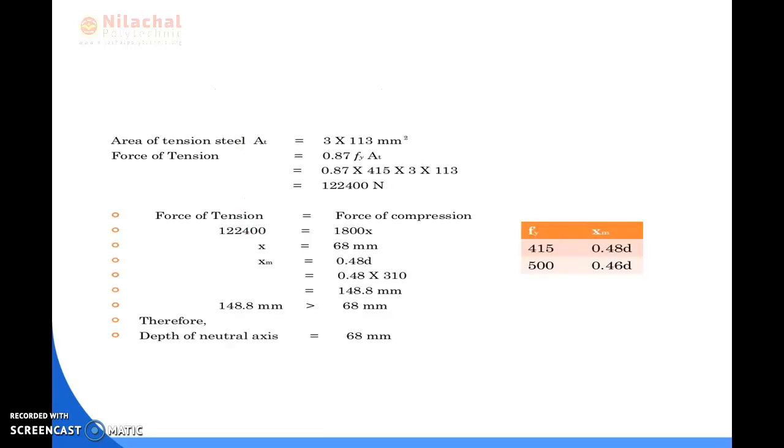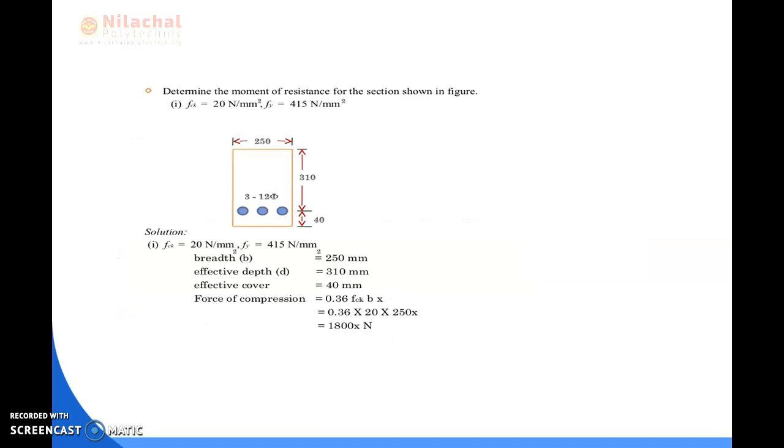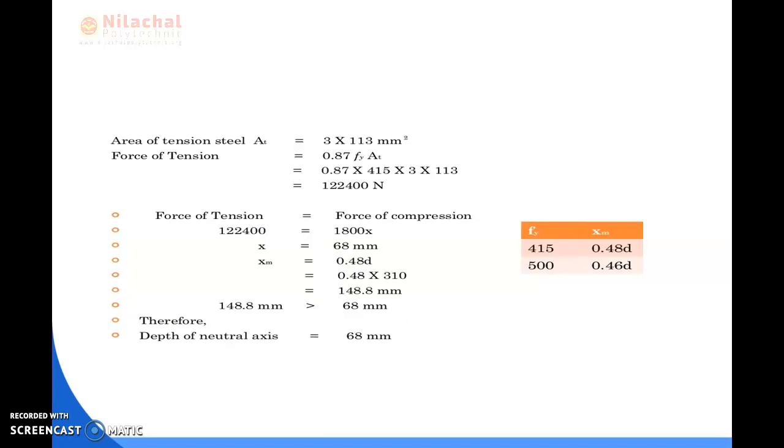Similarly we compute the steel section. The area of tension steel, St or At, we find by multiplying 3 into pi by 4 into diameter square. The diameter provided is 12 mm, so it is 3 into 113 mm square.